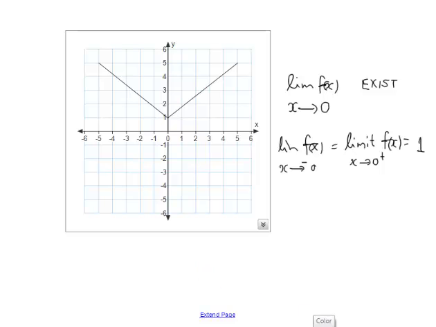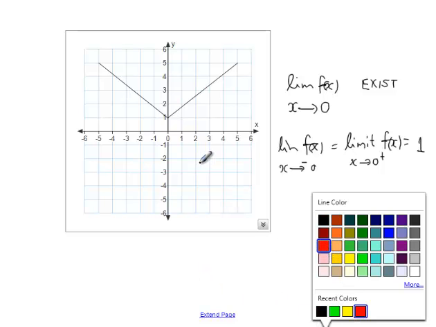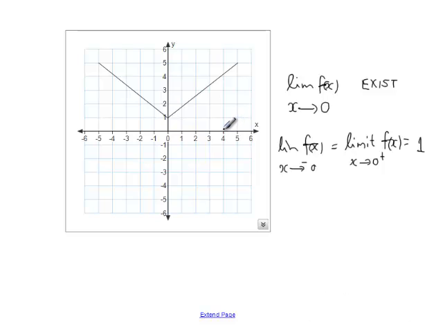For those who are silent, there are always going to be one or two who never say whether they understand or not. To help them, we're just going to illustrate it. At 4, we start at 4, we come here, the values are going to be there. That is from the right. We come there, it looks like the values are decreasing. You can come, there are infinite numbers more there.